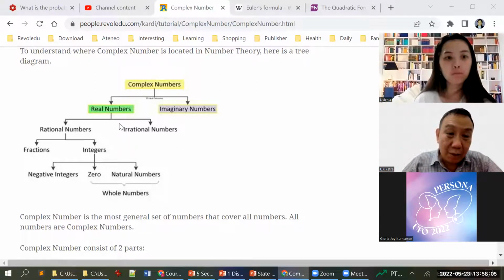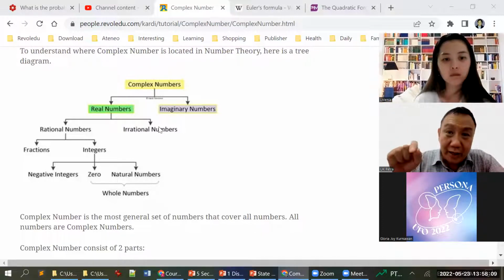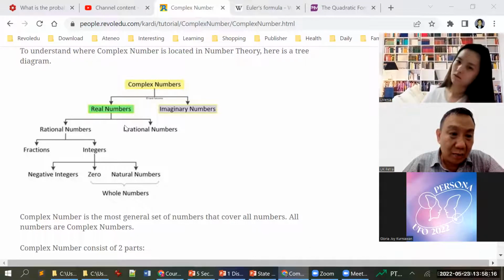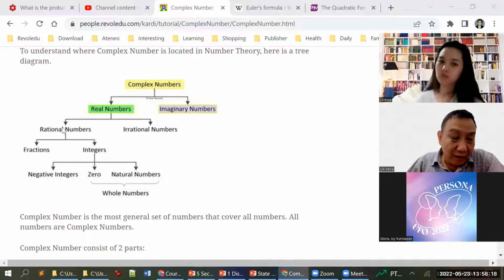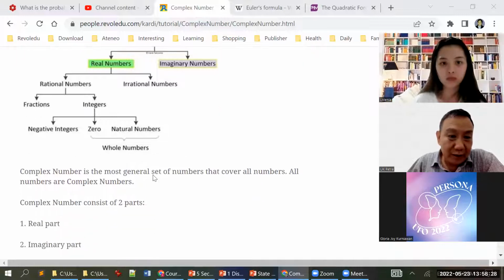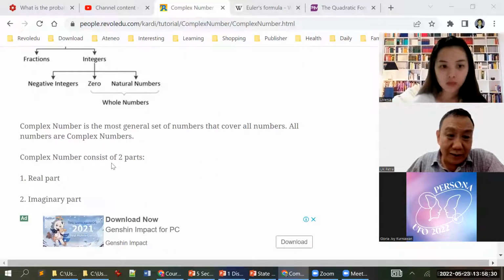That is an example of an irrational number. The same with the exponent e, the Euler number, which is also irrational. Rational numbers consist of fractions and integers. Integers consist of negative numbers, zero, and natural numbers, while zero and natural numbers are called whole numbers. So a complex number consists of two parts: the real part and the imaginary part.